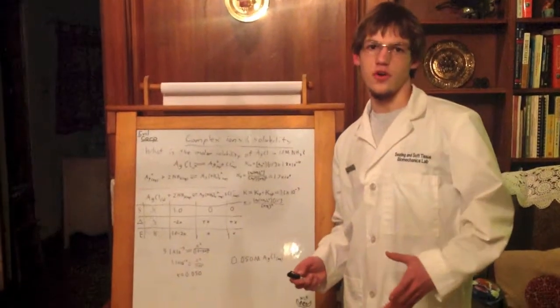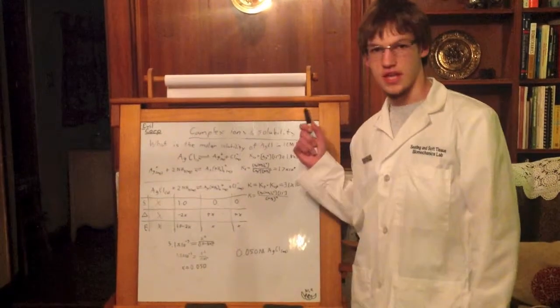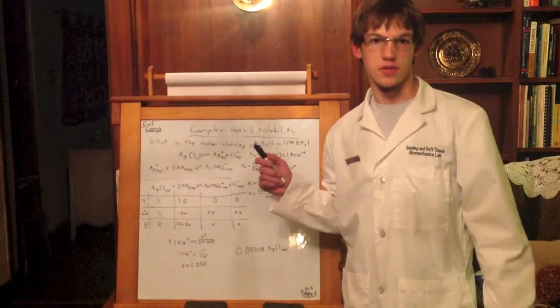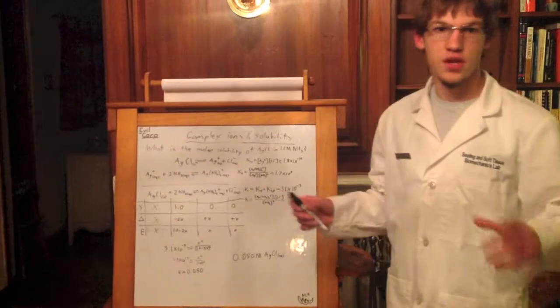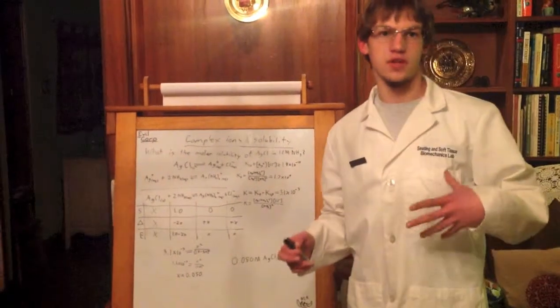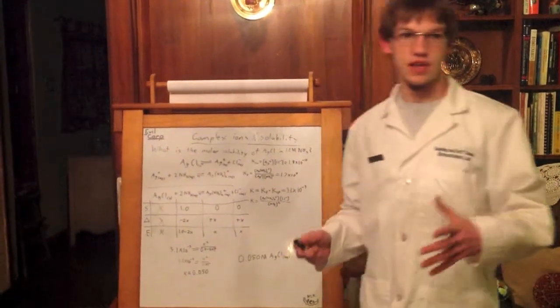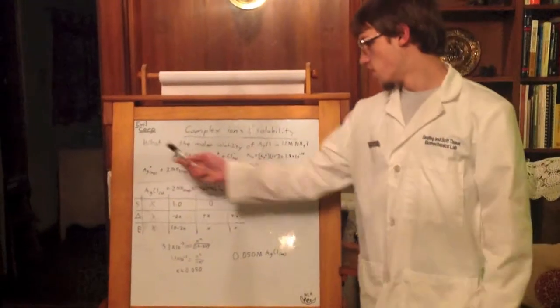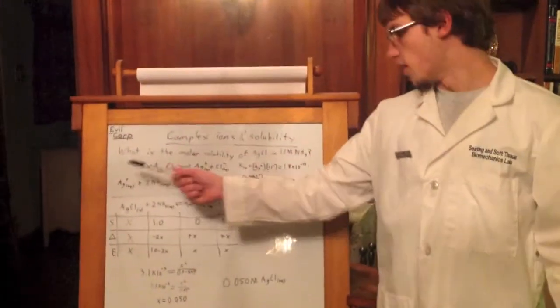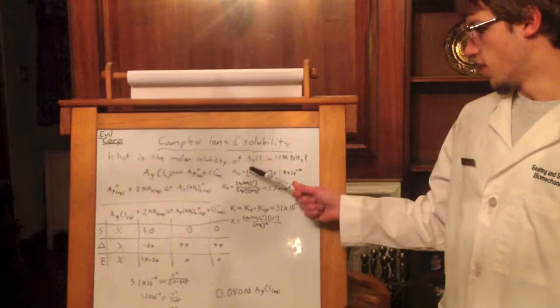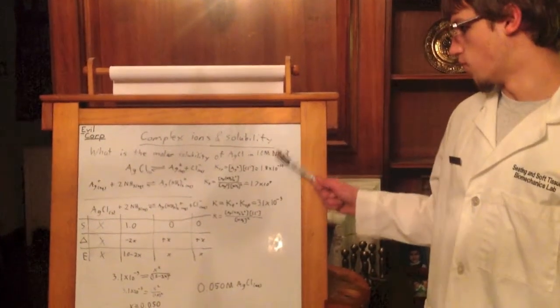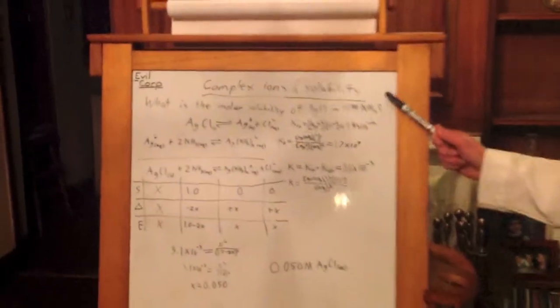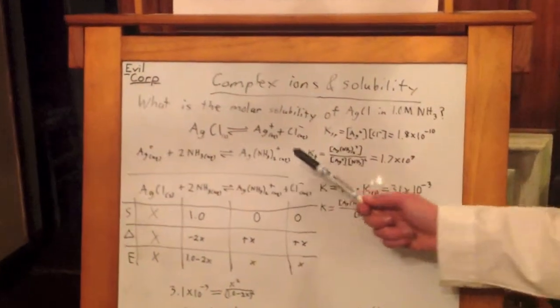And now that we know how complex ions and solubility equilibriums work individually, we can figure out how they work together. To do this, we have an example problem. What is the molar solubility of silver chloride in 1 molar ammonia?